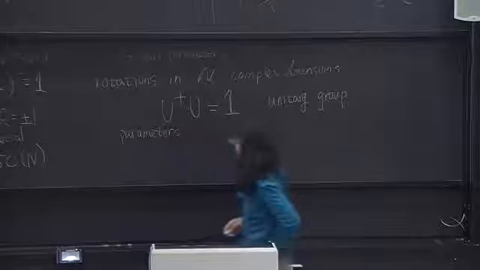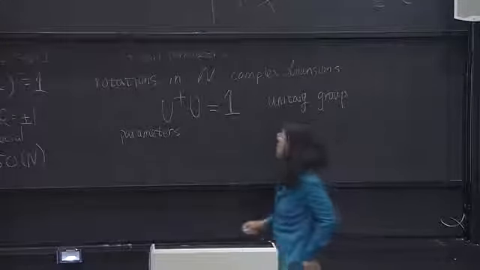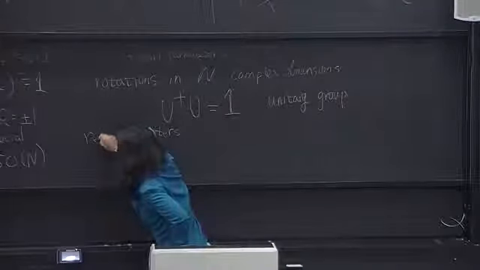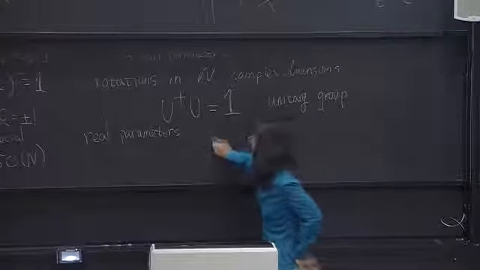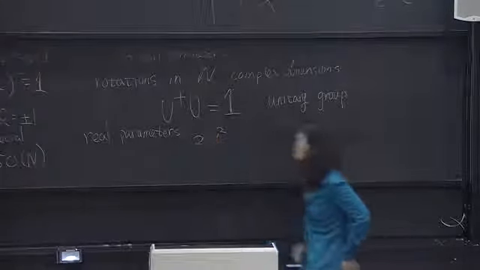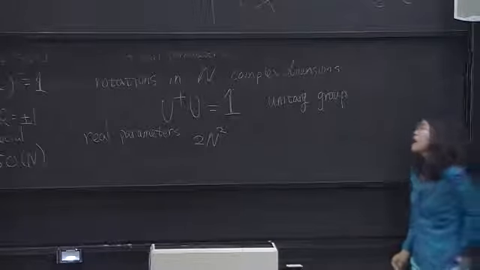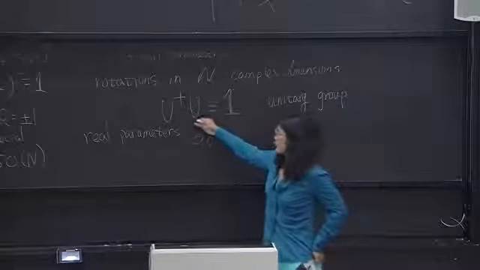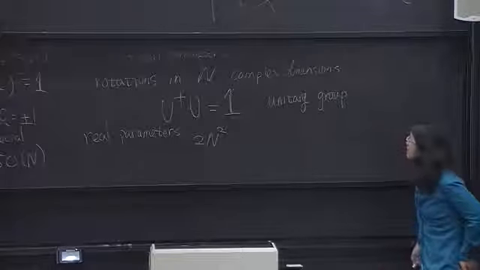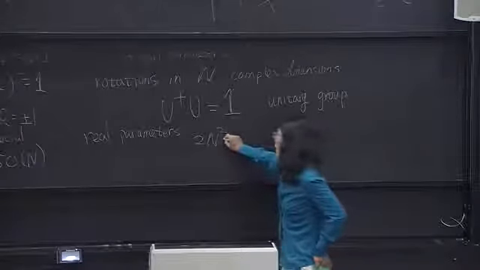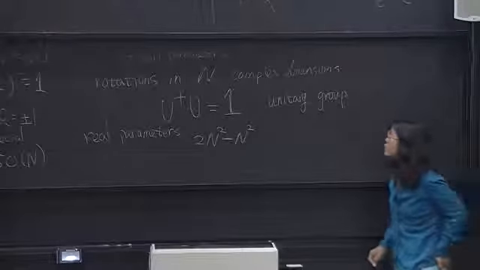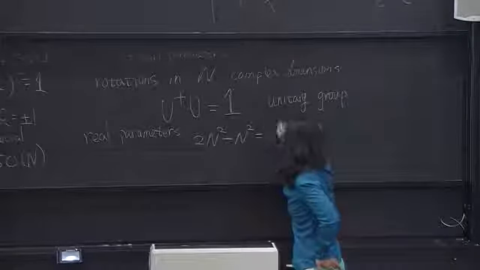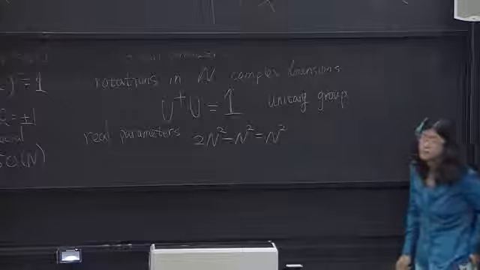So it's how many real parameters we have, because it's an n by n matrix that is complex, so I started with 2n squared. And for this equation, that all the equations are independent, so we just subtract n squared, and it says we have n squared parameters left.